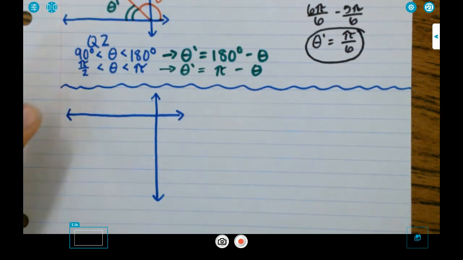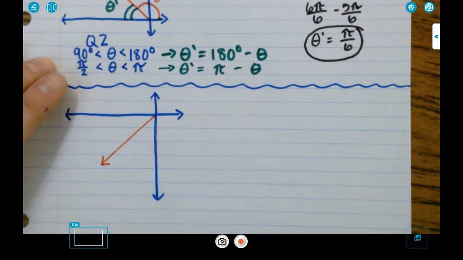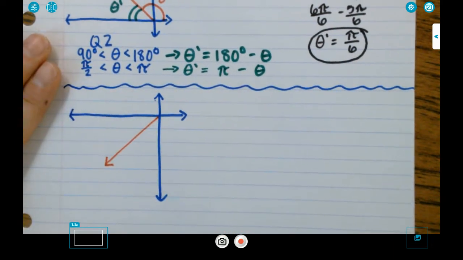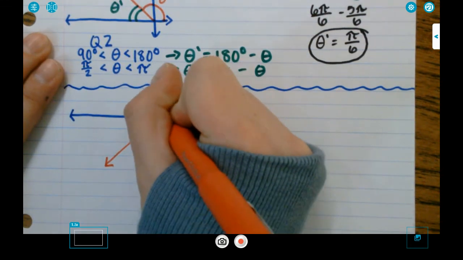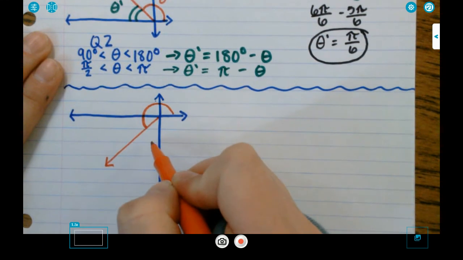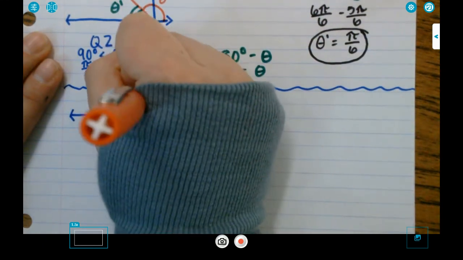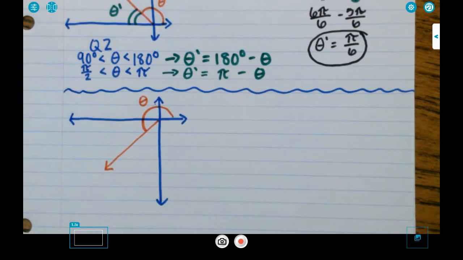All right. So an angle in quadrant 3 would be here-ish. Our standard form angle would start here and go all the way around to there. So it would be between 180 and 270. That would be my theta, in red, between 180 and 270.